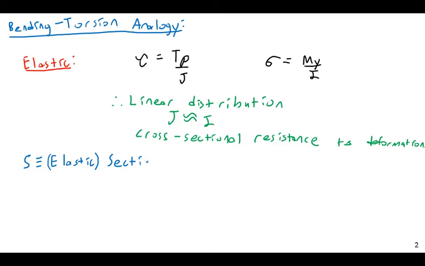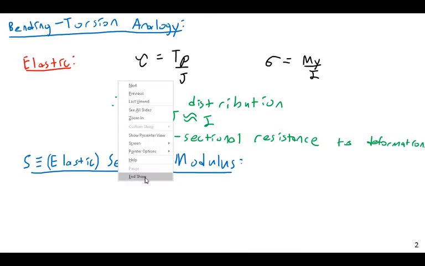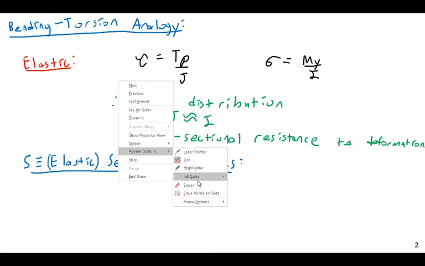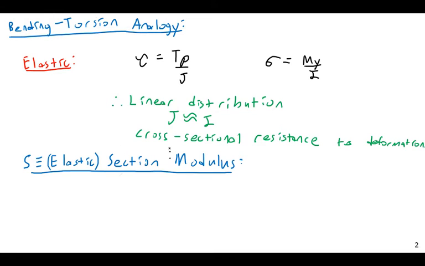Sometimes in steel design we see a plastic section modulus, but often that's not as prevalent. S can be found by a very simple formula: S is simply I over C.